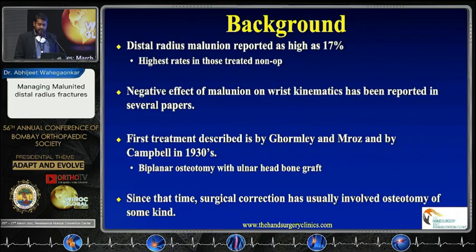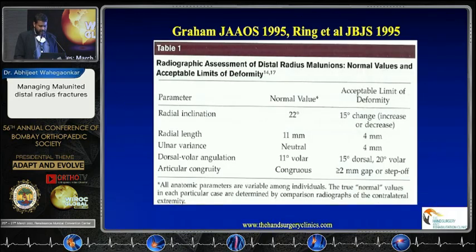So, distal radius malunion can be as high as 17%, and the highest rates are in untreated, surgically non-treated fractures. The effect of the malunion is on the wrist kinematics, and several studies have reported on this. The first treatment of malunion was by Gormley and Morse, and then it was popularized by Campbell and then by Diego Fernandez.